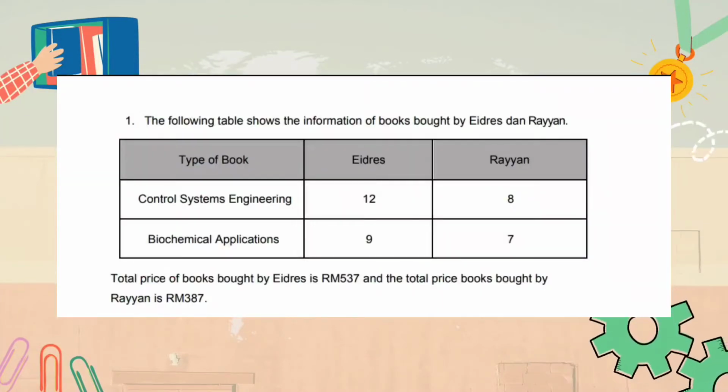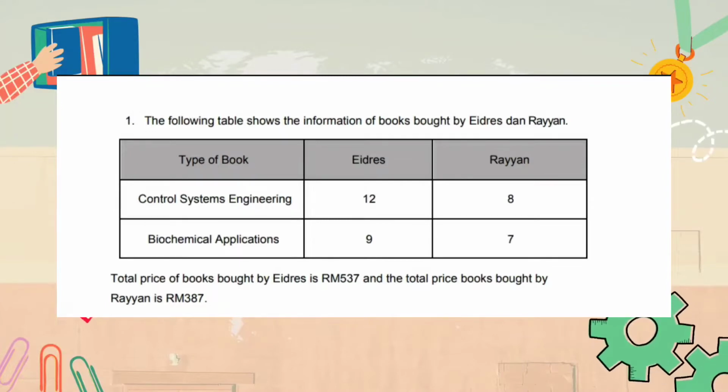Okay, now I will share a little information about the question that we will discuss. First, the box information is about how many books were bought by Elders and Ryan. We must know that Elders and Ryan are 2 different persons.